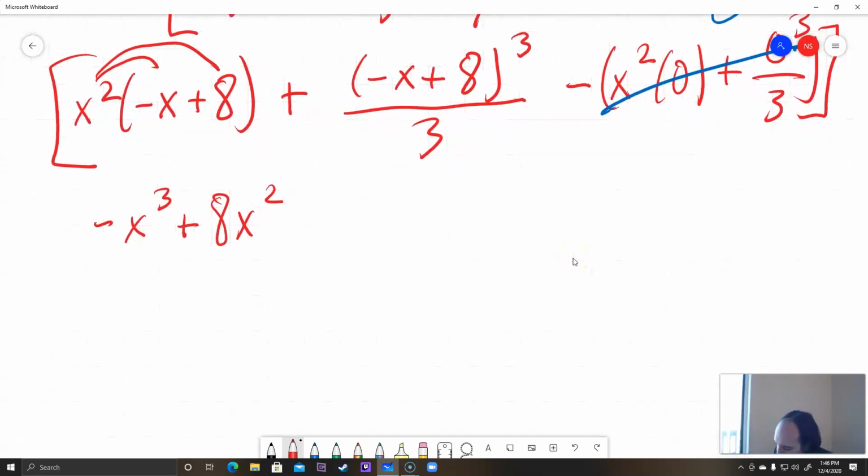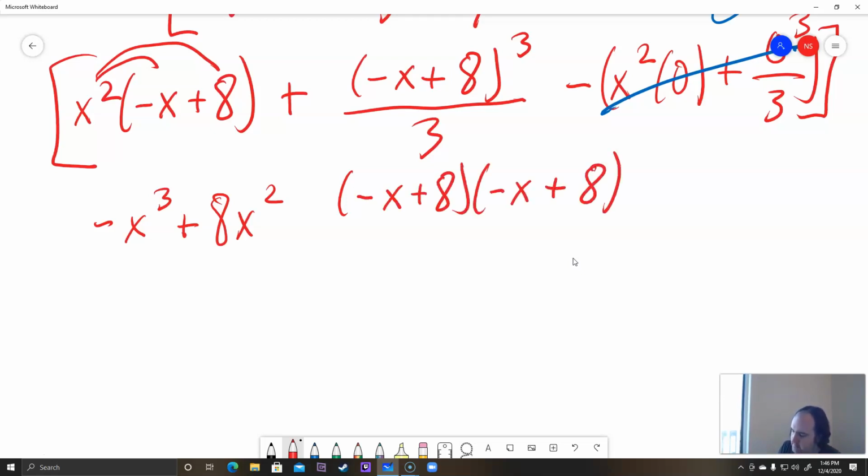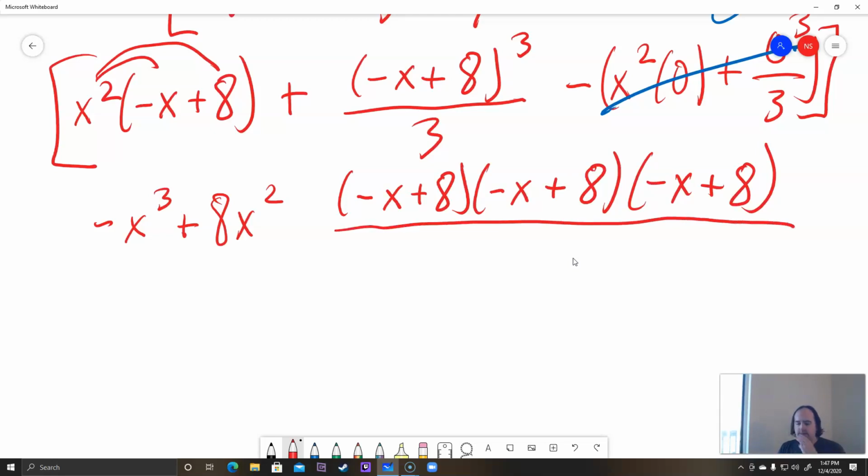Okay, so this is the same as negative x. Well, instead of negative x plus 8, you could write 8 minus x, but then you don't have the highest powers first. So we'll leave it as negative x plus 8. So this is going to be negative x plus 8 times negative x plus 8 times negative x plus 8, because a cube means you multiply it times itself 3 times. Divided by 3.